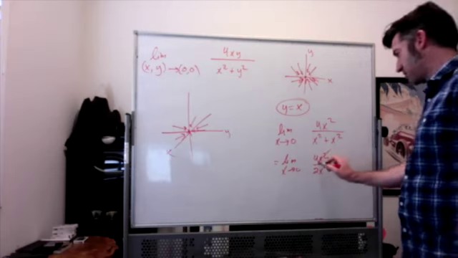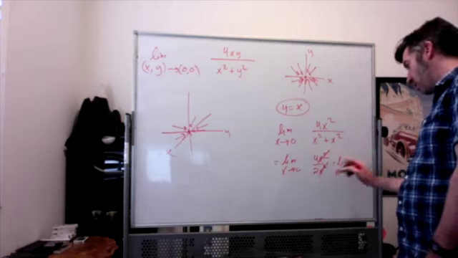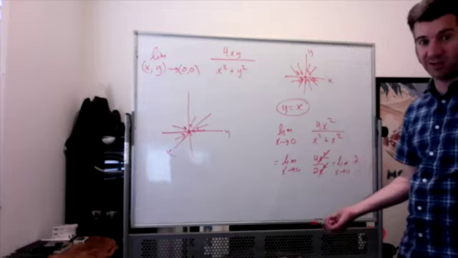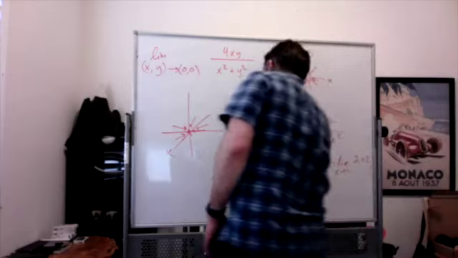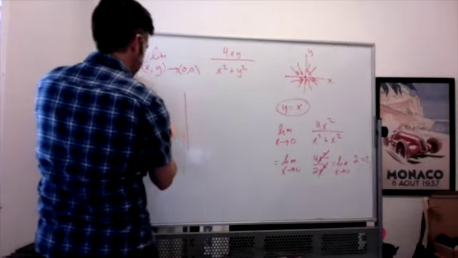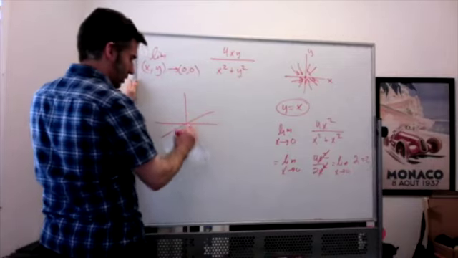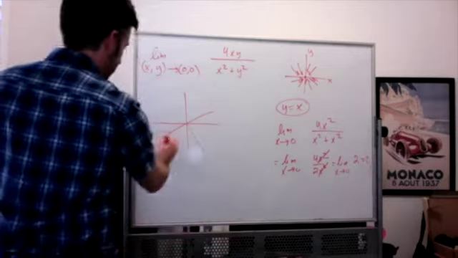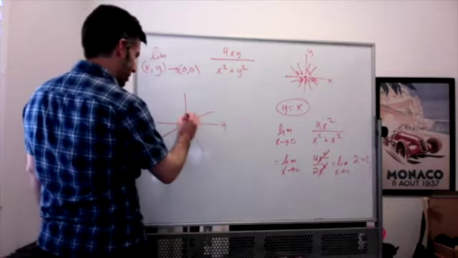I can cancel the x squareds, and the limit as x goes to 0 of 4 over 2, the constant, is just 2. So I know it's kind of hard to draw, but if I was coming at it from that direction, straight at it right on the y equals x line, the limit ends up being 2.